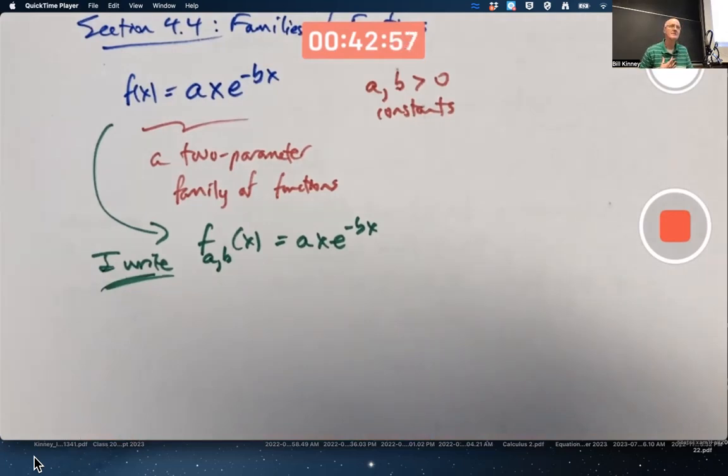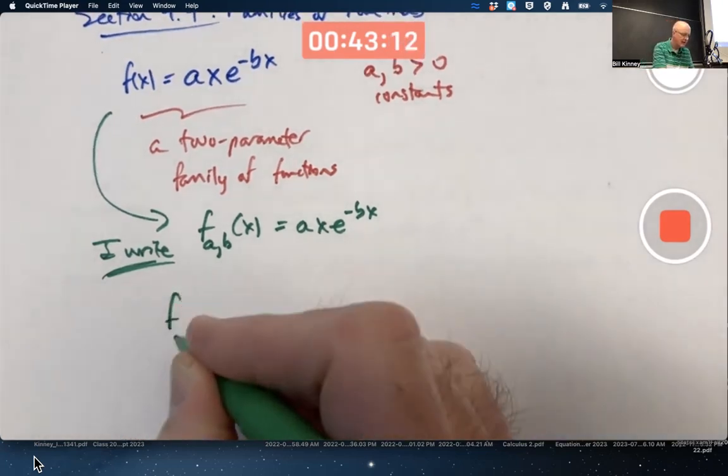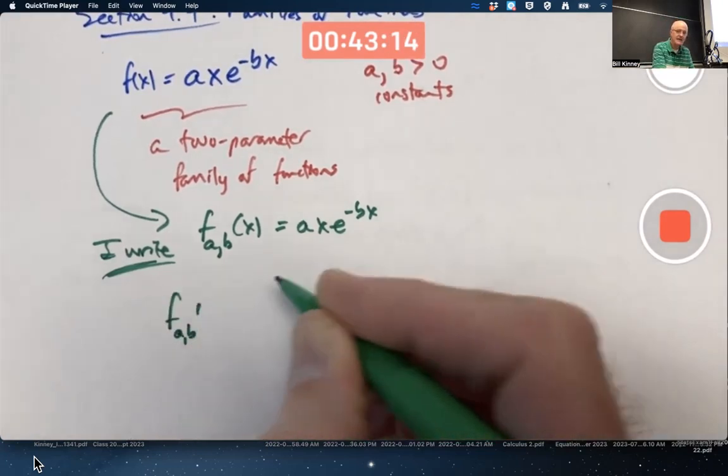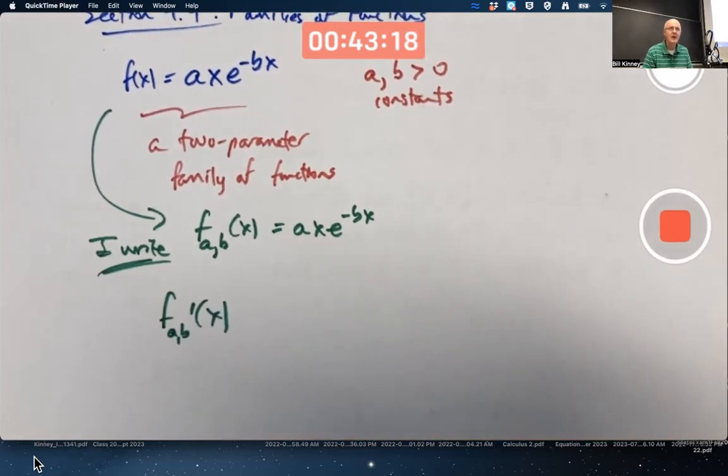What does the graph look like? Do the same thing you always do. Try to find critical points. See if they're maxes or mins. Find inflection points, possible inflection points at least. Take the derivative. I'm going to go ahead and keep the subscripts there. You should feel comfortable doing that as well. Do you have to do that for your homework?